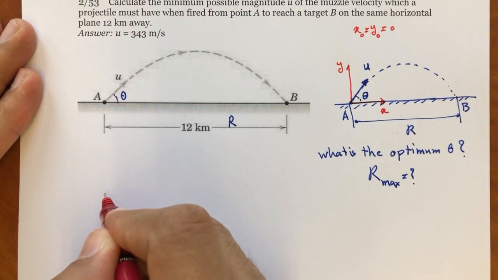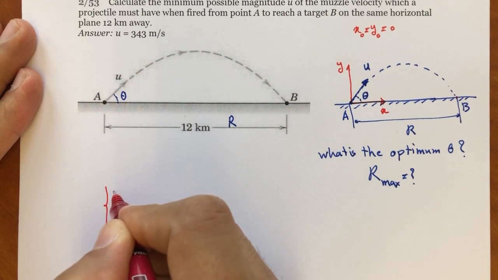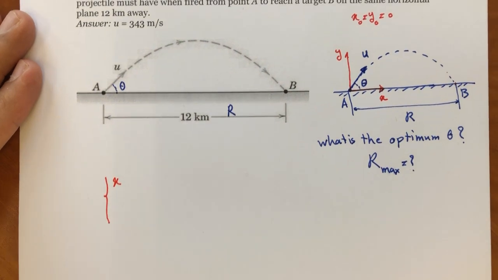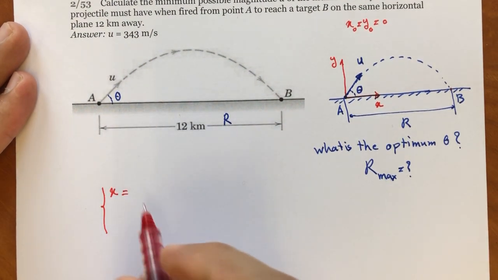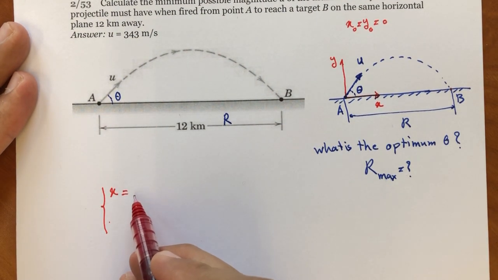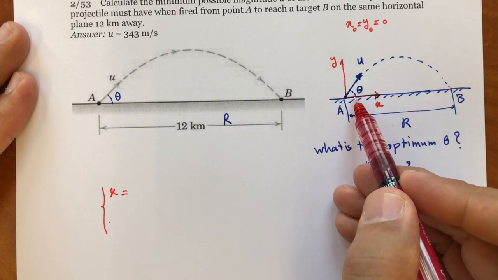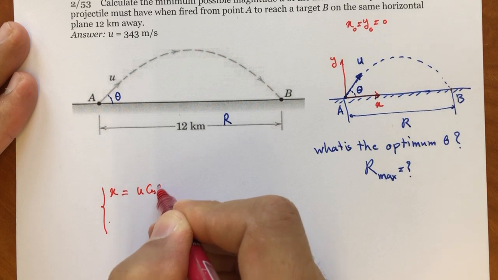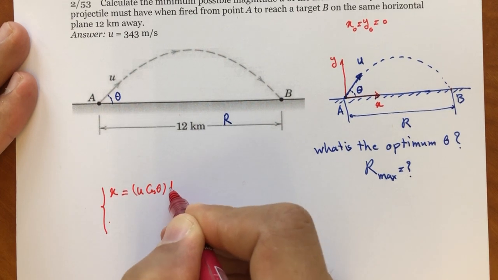So let's do that. Based on those two equations that I explained in the previous video, x is going to be equal to x0, which is 0, plus initial velocity in the x direction, which is u times cosine of theta, times t.